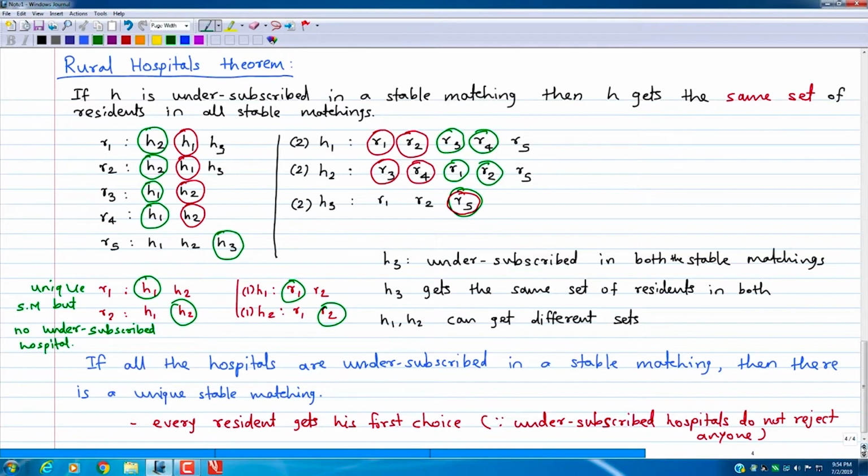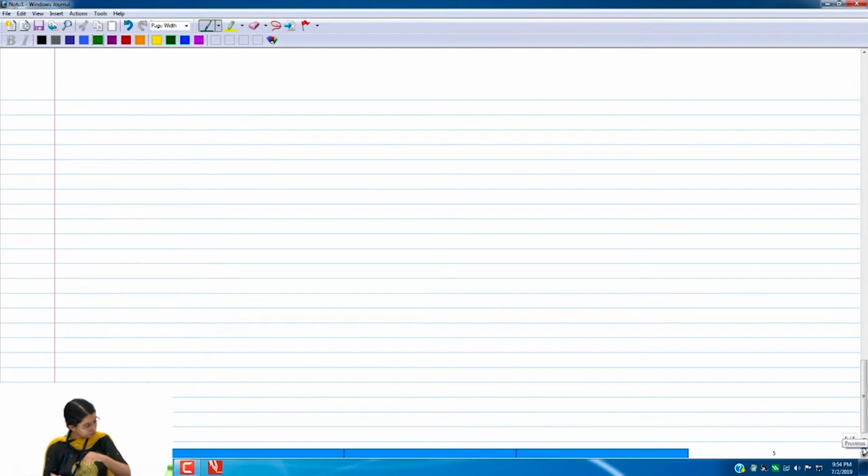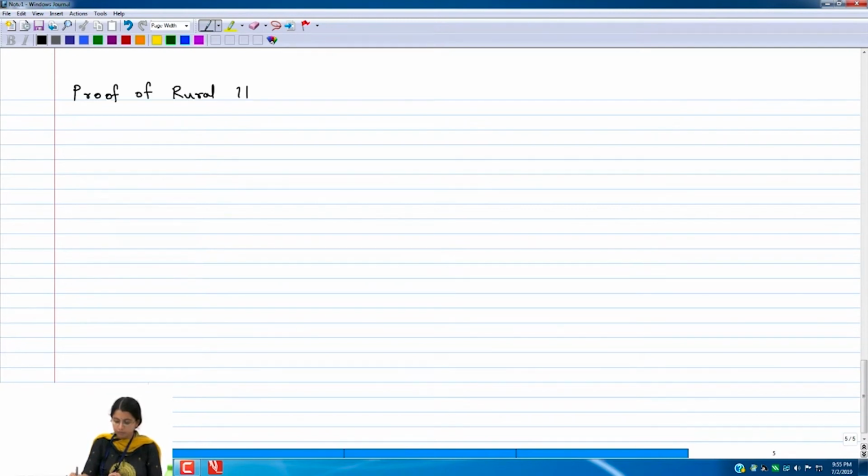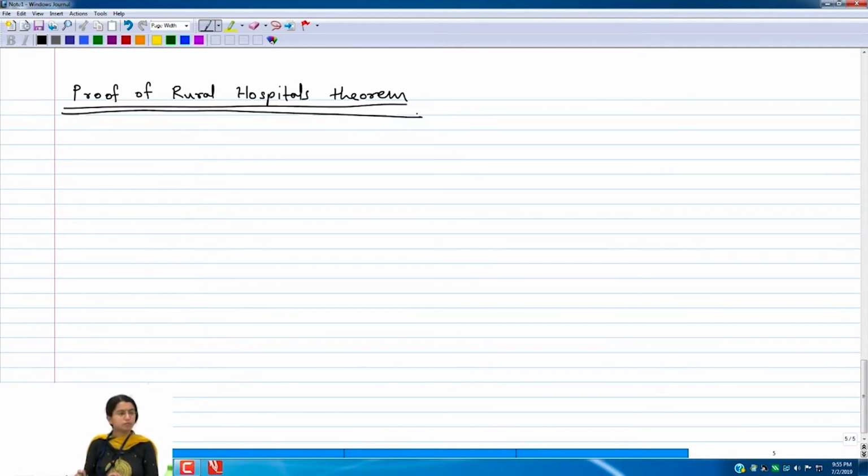So any other point? Okay, so let's go to prove this rural hospitals theorem. Before I prove this theorem, we want to prove a simple statement.